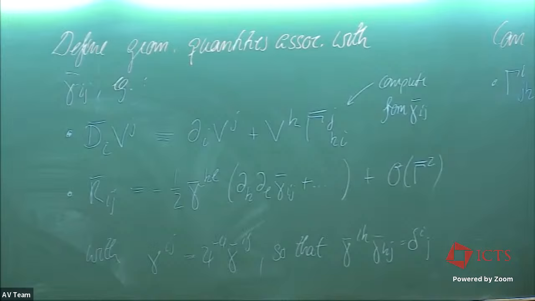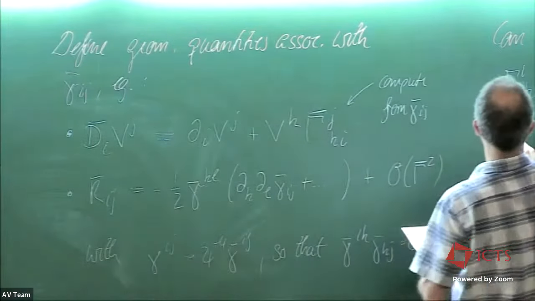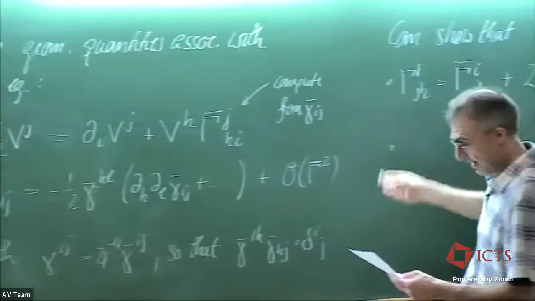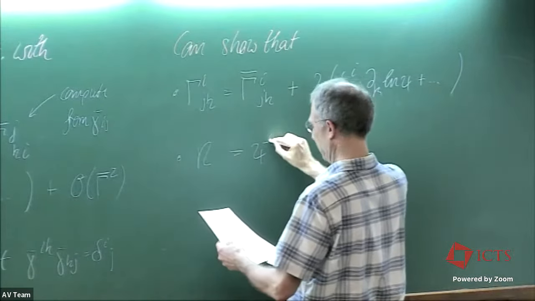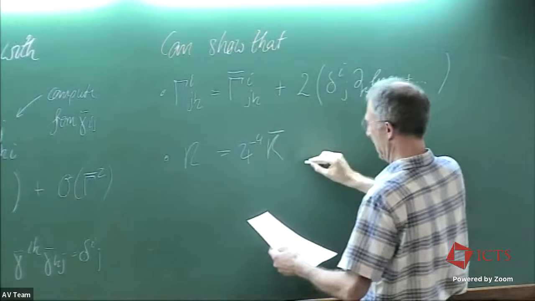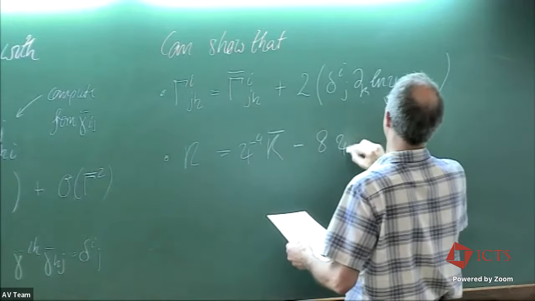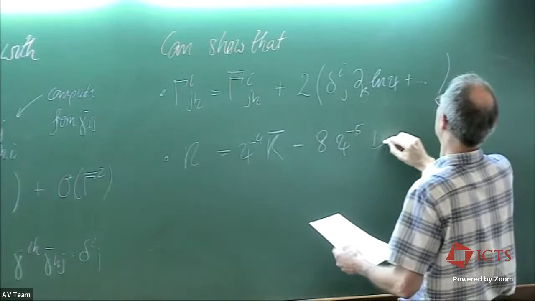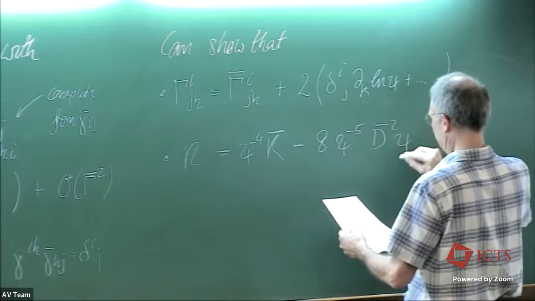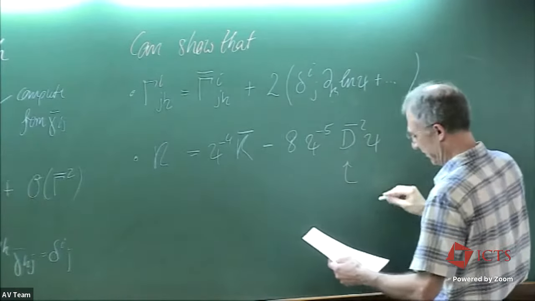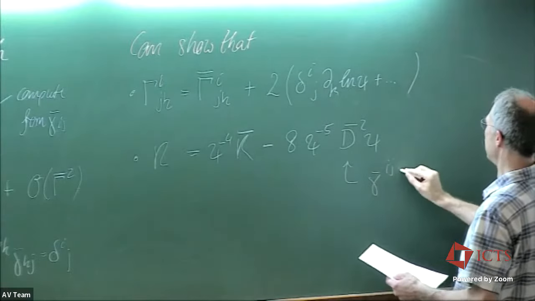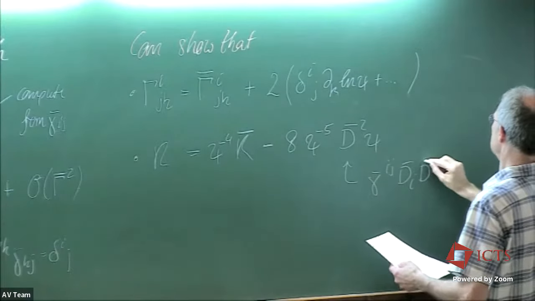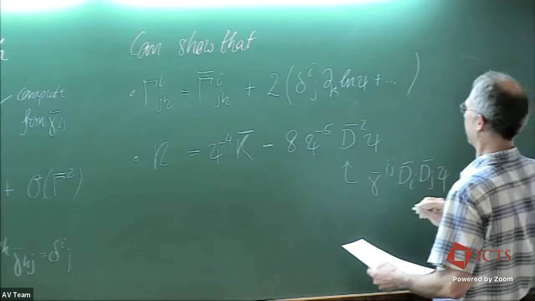And it turns out, if we follow this program and take all these derivatives and work out what it is, what we find by the end of the day or the end of the week or whatever it might be, is psi to the -4 R bar - 8 psi to the -5 D bar squared psi, where this D bar squared is now the conformally related Laplace operator, which is the same as gamma bar ij, D bar i, D bar j acting on psi.